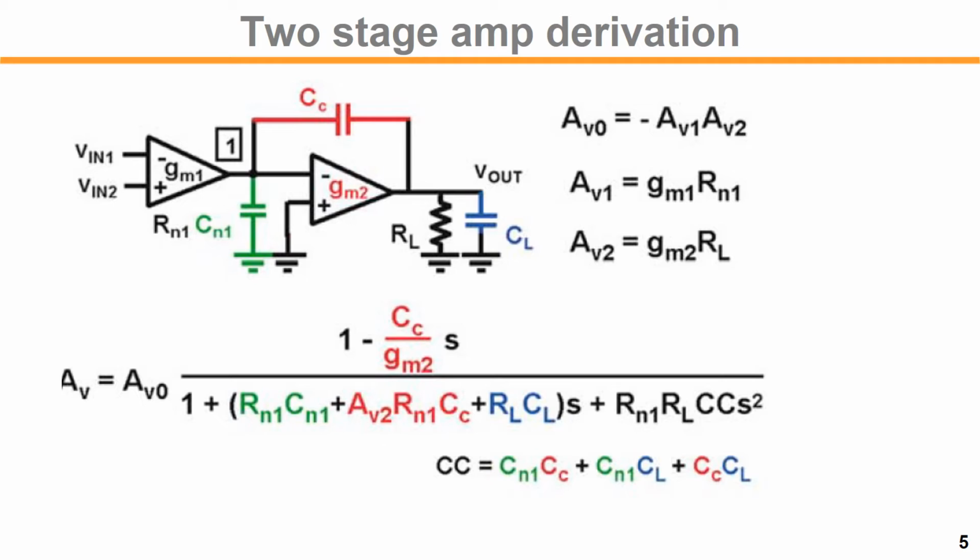In this slide, we will see more detail regarding the transfer function derivation. In the previous example, we had assumed just the midband approximation, so that the DC gain is infinity. But right now, we will plug in the finite output resistance of the first stage. That means the first stage gain is GM1 times Rn1, and the second stage gain is GM2 times RL, where RL is the output impedance of the second stage.